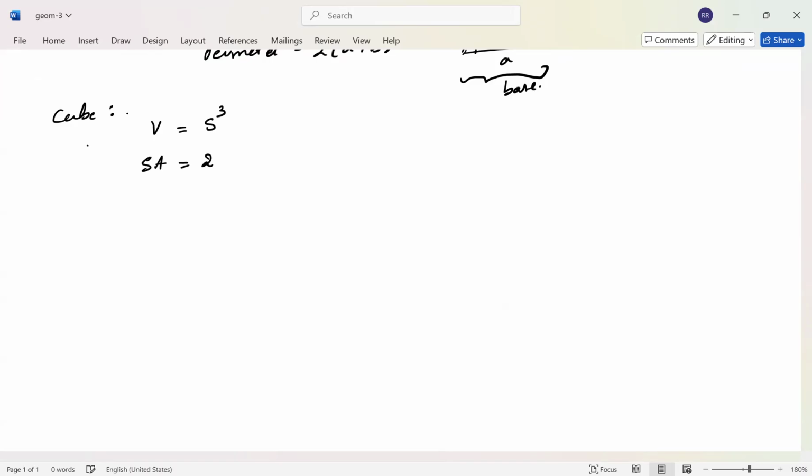Surface area is 6 times of side square. So if a diagonal or greatest distance between any two vertices is asked, you can do S root 3. Cube is a 3D figure or solid figure formed by squares.